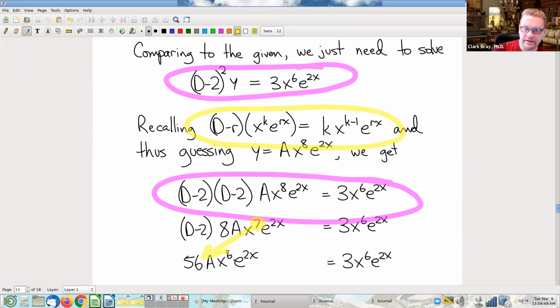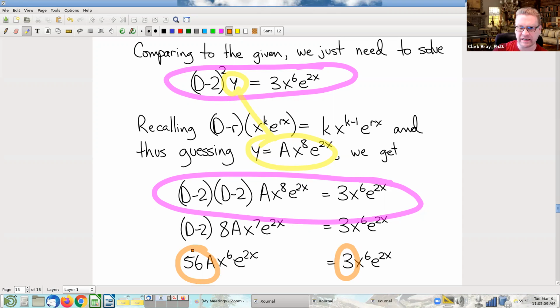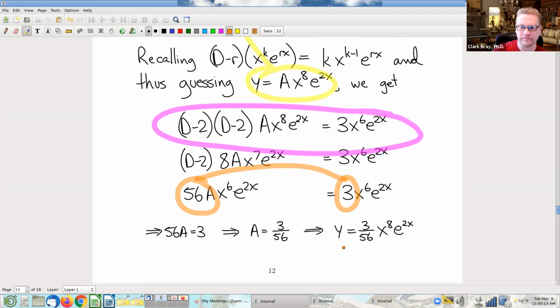Yeah, so you do that, and then it's all over, really, because this was our guess solution there, and I know I need it to end up with 3 on the right. Whatever A I have in there, I'm going to end up with 56 times it on the left. I need these two things to be equal, and so I can solve for A.